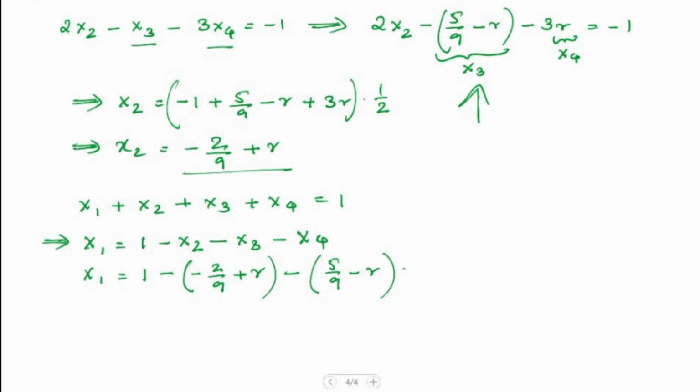And then for x4, r. And that is equal to 2 over 3 minus r. So that's the value for x1. Now we have values for x1, x2, x3, and x4. So let's write those down.